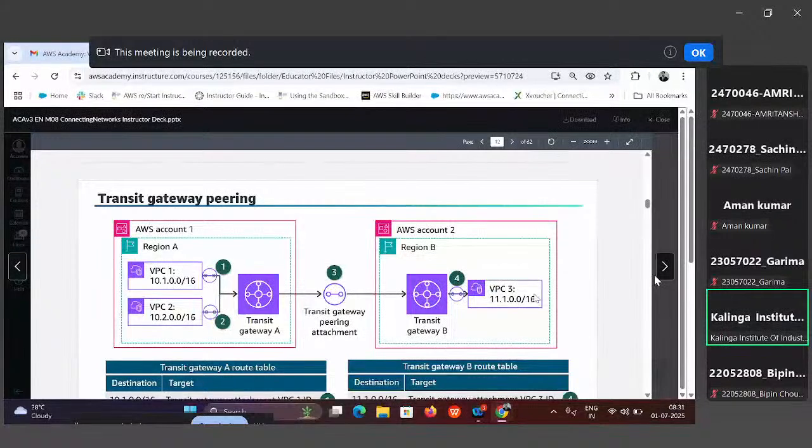Now look here at the transit gateway peering. We have two accounts, AWS account 1 and 2, and there you are creating multiple VPCs in a particular region. And here we have another region.